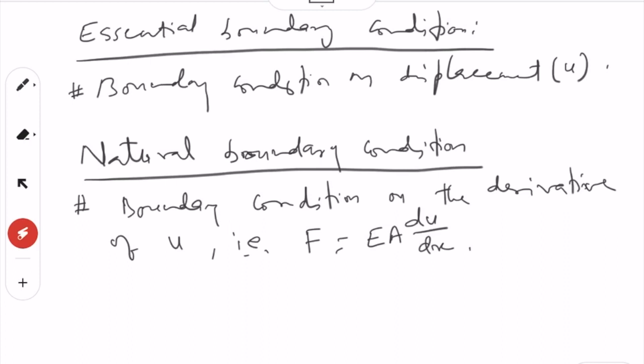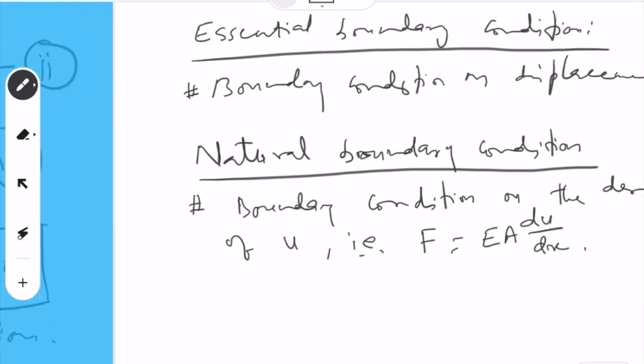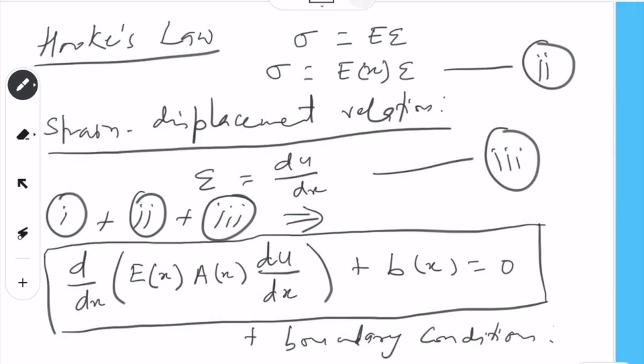You need to provide it only when it is not equal to 0. By default, the natural boundary condition equals 0 unless you provide it. What is the meaning of that? Let us see.